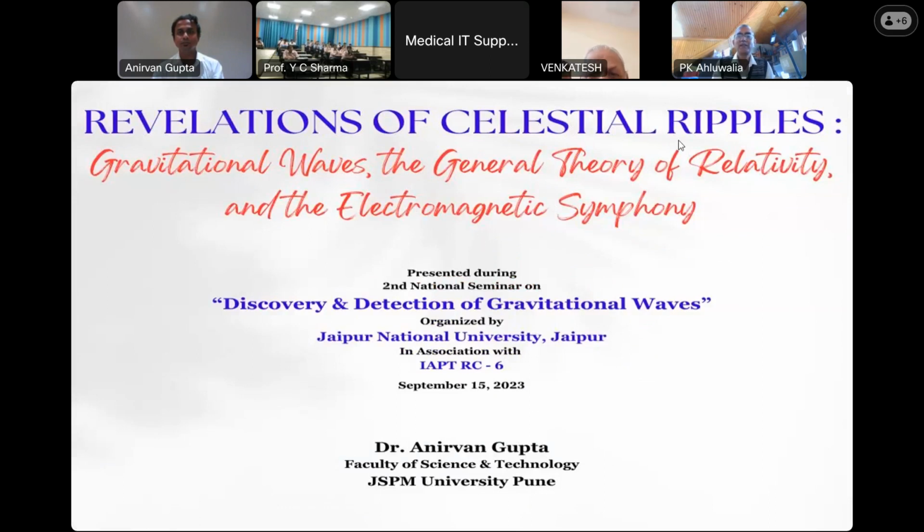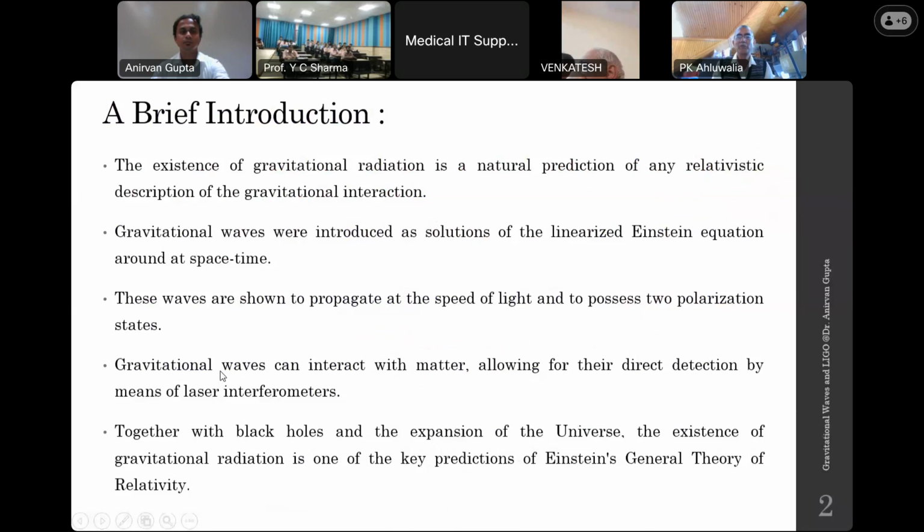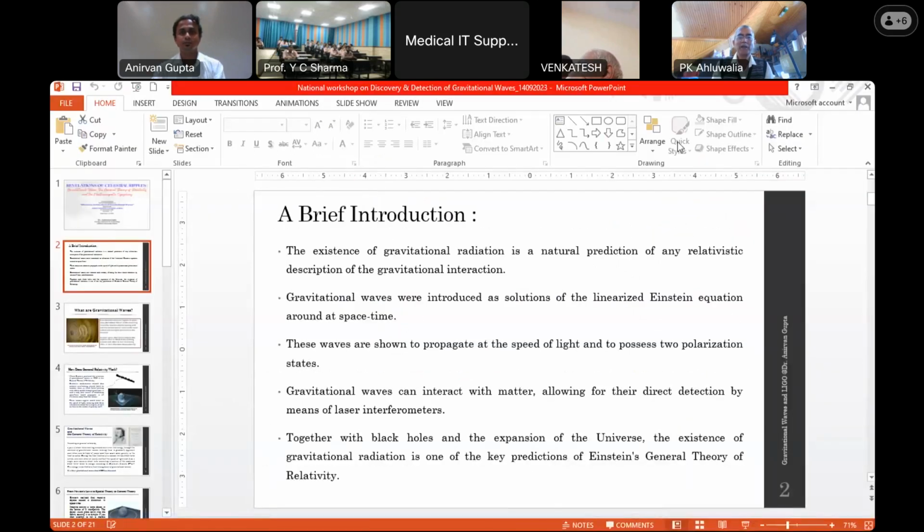That has given a lot of excitement in the last few years, and a seminar of this magnitude on the IAPT forum is very welcome.